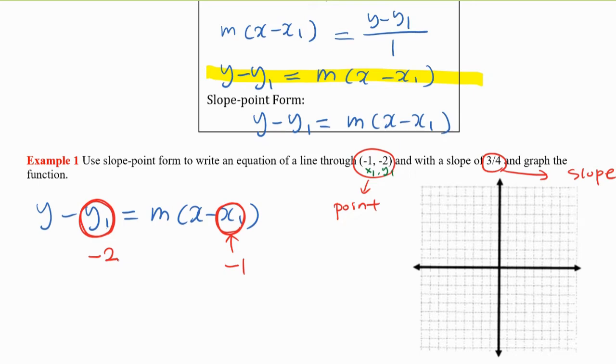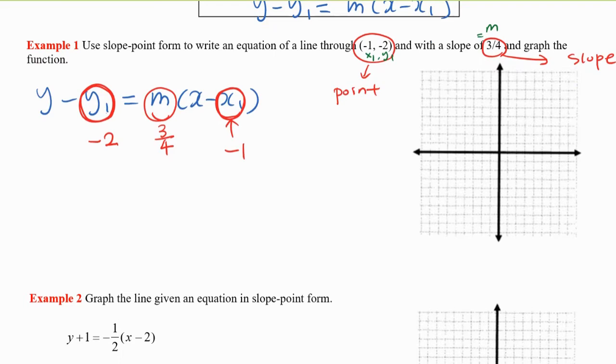And what is the slope? Slope is 3/4. We use m for slope, right? So m is 3/4. Let's rewrite everything. y minus -2, because y1 is -2, equals 3/4 times x minus -1.